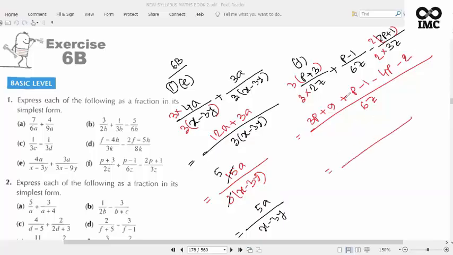Now 3p plus p, 4p, 4p minus 4p is 0. 9 minus 1, 8. 8 minus 2 will be 6. 6 by 6z. After cancelling 6 and 6 from both numerator and denominator, we will get 1 by z. And that is the solution of question number f.